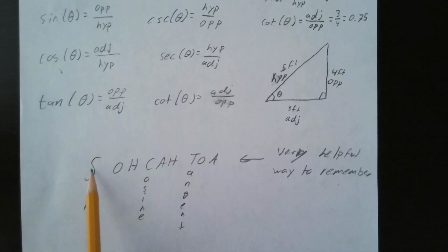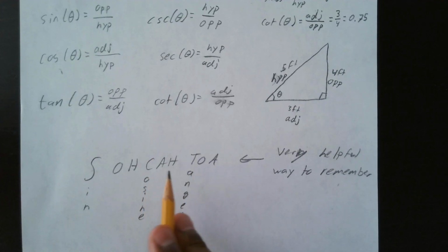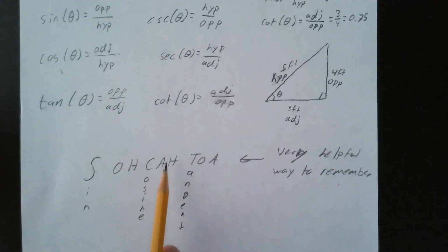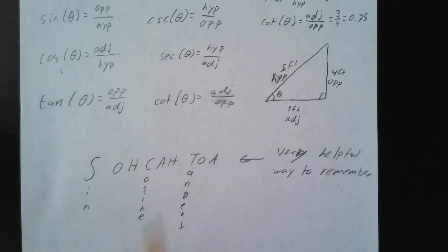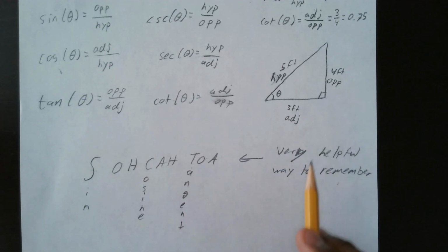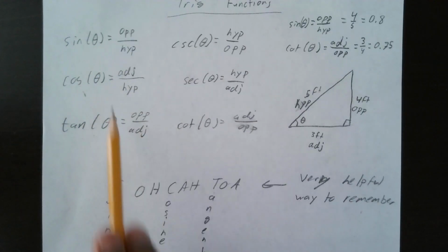So sine is opposite over hypotenuse. Cosine, represented by the C, is equal to the adjacent over hypotenuse. So we have AH, and tangent is the opposite over adjacent, so that'd be OA for opposite and adjacent. So it's a very helpful tool for remembering these 3 trig functions here.